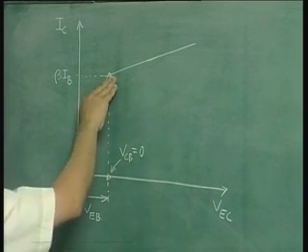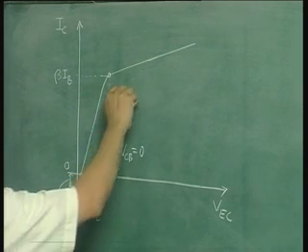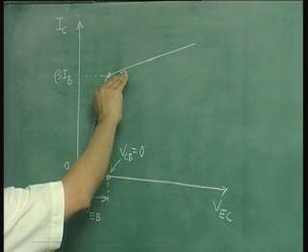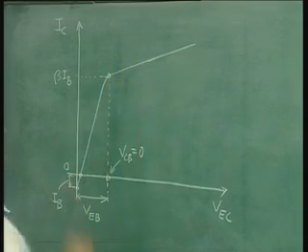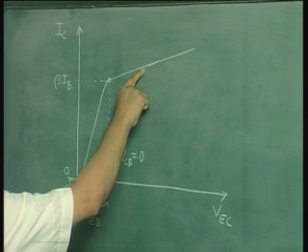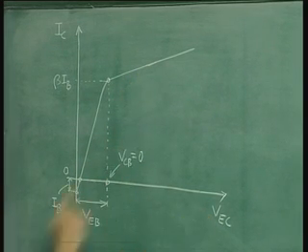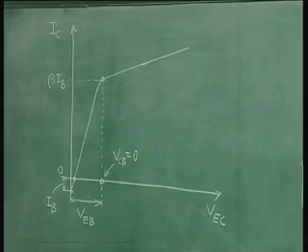And then we went beyond this point and we also arrived at an explanation why the current goes on increasing in this region instead of saturating. So, what we said is that the beta of the device goes on changing as you change your VEC. This is because of base width modulation.